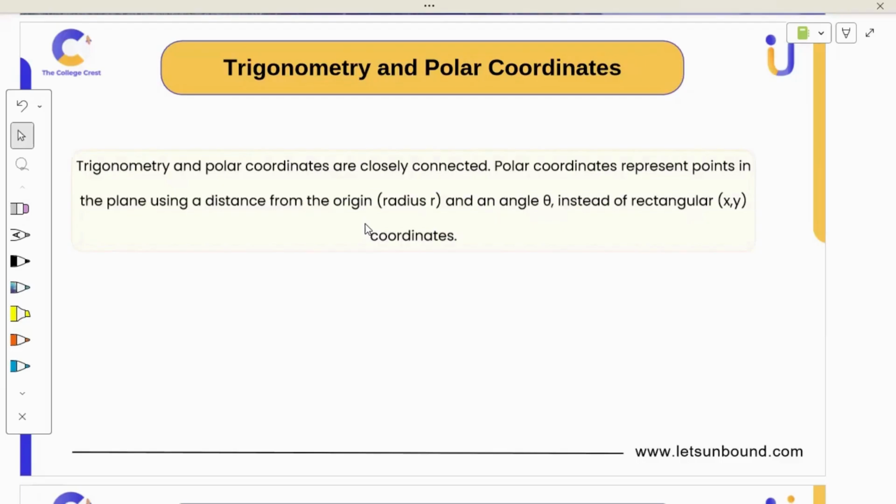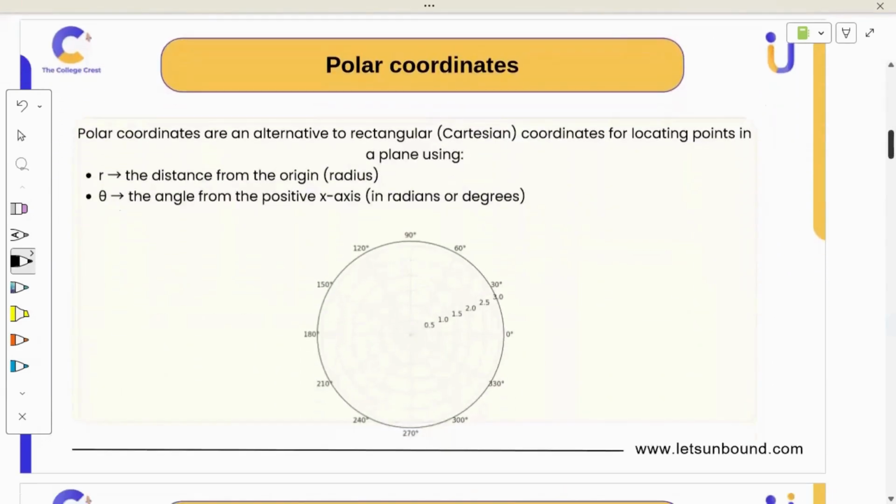Radius is the distance from the origin, and an angle theta, instead of x comma y. So polar coordinates will be r comma theta, and rectangular coordinates represent the point as x comma y.